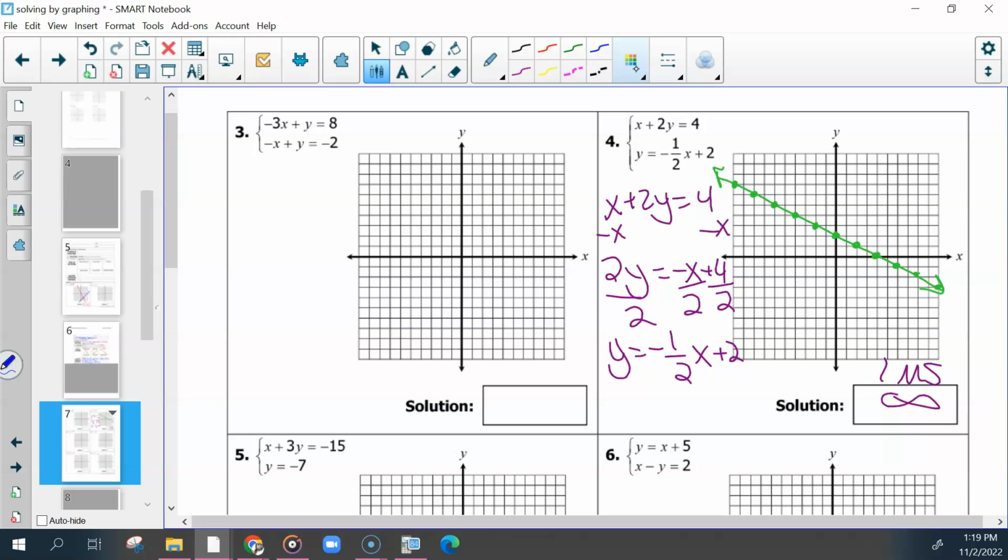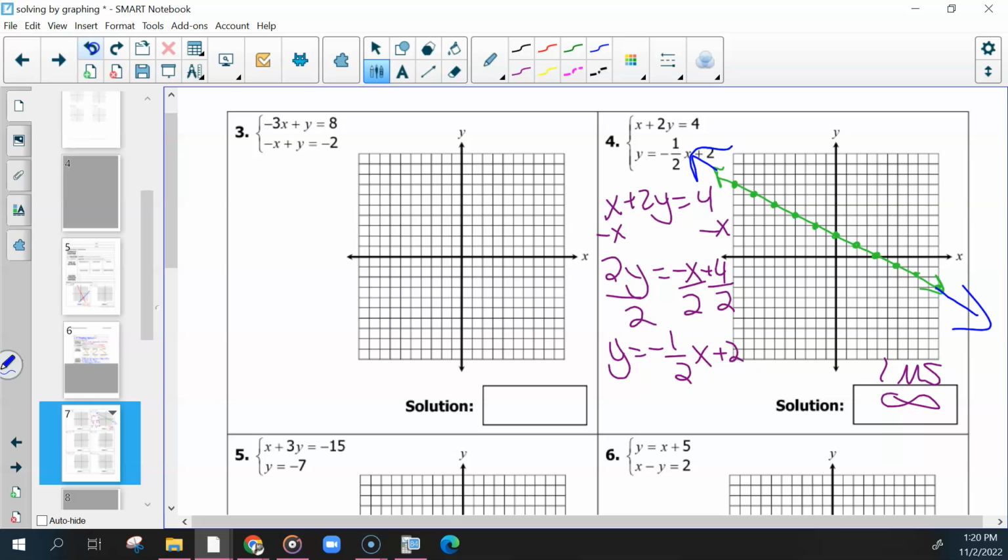Once you have one line, to show that there are two drawn on top of one another, I would just at the ends draw like a second set of arrows. That would show me that there's one line drawn on top of the other.